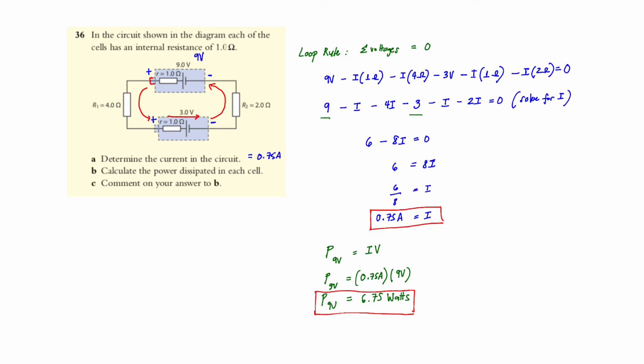Okay, next, how about the power on the 3 volt battery? That is IV, and that is the current, which is still 0.75, and the voltage here is actually negative 3 volts, right? So 0.75 times 3, that would be 2.25 watts.